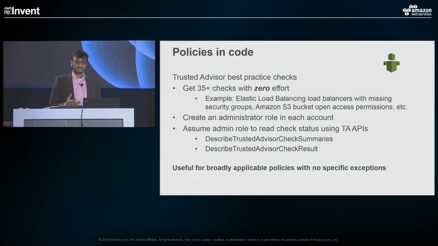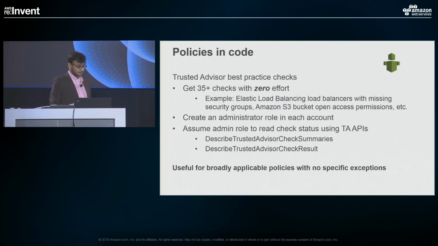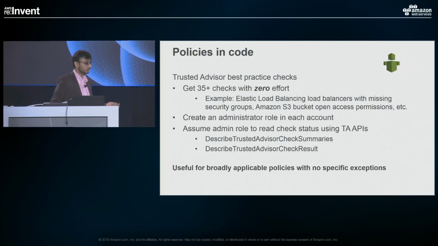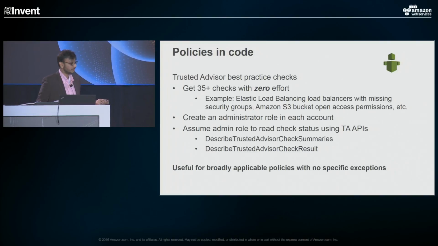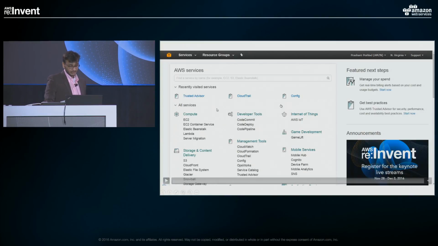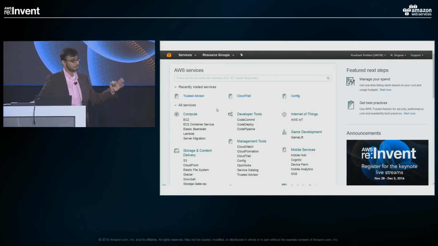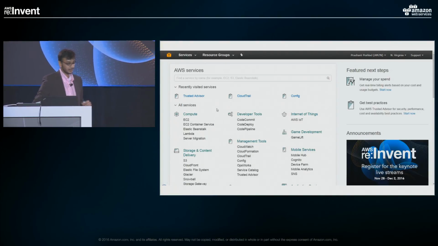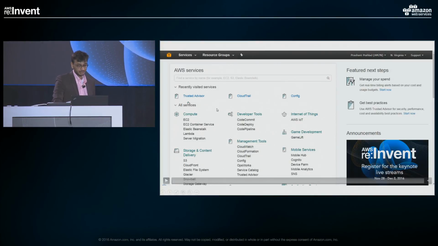Now, the policies, or the checks as they call them in Trusted Advisor, are useful when you have broadly applicable policies like S3 buckets should not be public writable, for example, and you don't have any exceptions for those. So let me show you this with an example. These examples will get more and more complex as we go through the presentation. So if you've used Trusted Advisor before, this should be relatively straightforward.